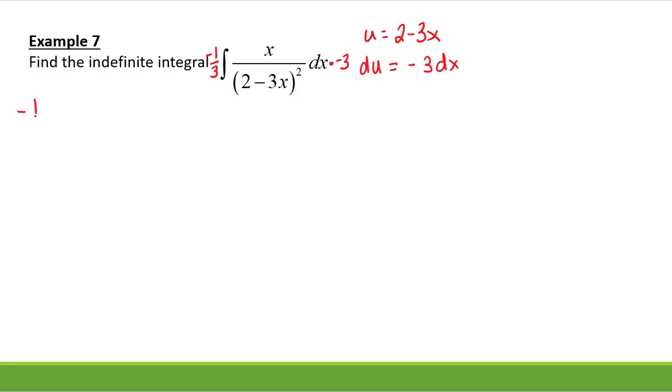So I have my u squared, I have my x, and my du. We've had a problem with this x. That x can't be there. So what you have to do is look at this equation here and solve for x. So I'm going to subtract the 2 over, and I'm going to divide by a -3.